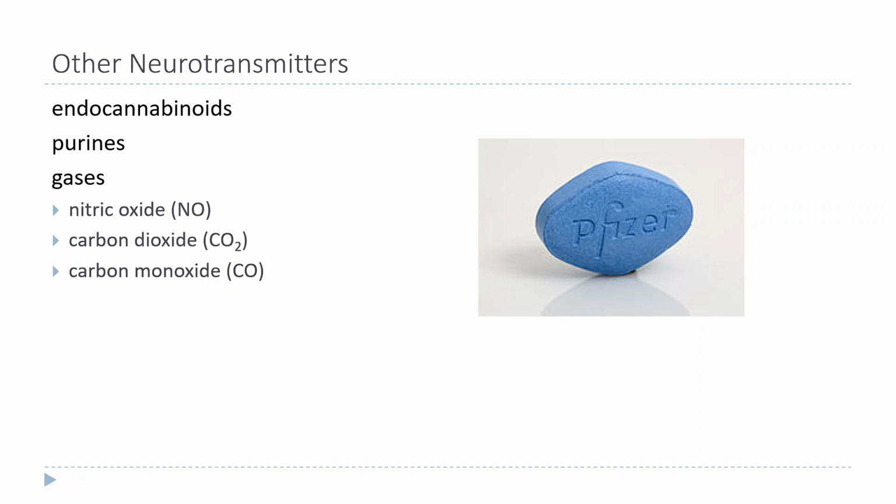For example, there are several small gas molecules like nitric oxide and to some extent even carbon dioxide and carbon monoxide that are maybe not strictly neurotransmitters, but do allow some communication between cells. Carbon dioxide is probably the most straightforward one because all of your cells produce carbon dioxide as a byproduct. As you break down carbohydrates in the presence of oxygen, your cells produce CO2. Most of that CO2 gets exhaled when you breathe out.